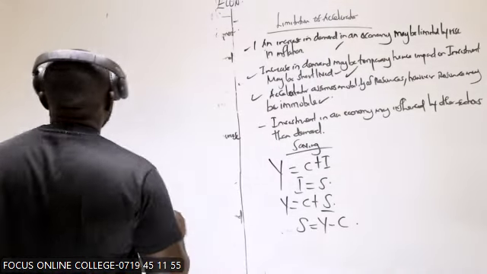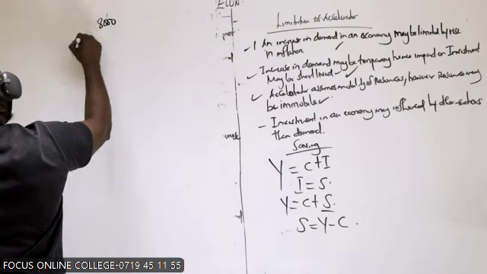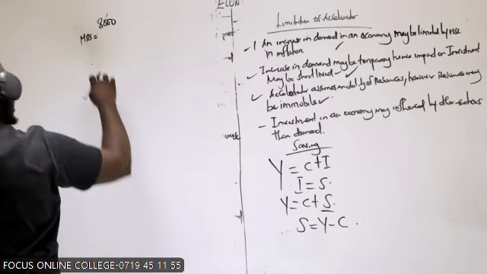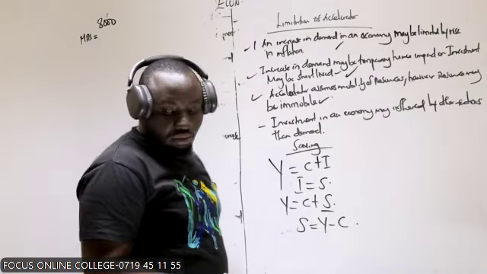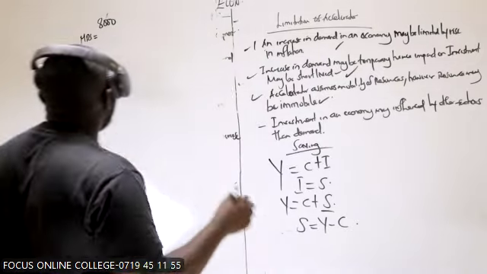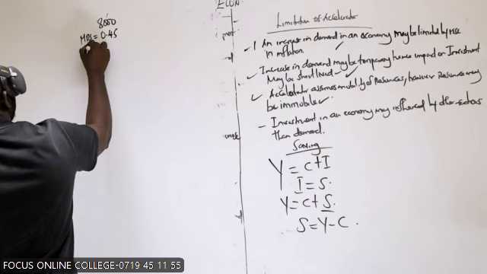So the autonomous consumption is 8,000. Marginal propensity to save, MPS, is how much? It is 0.45. What is the MPC?